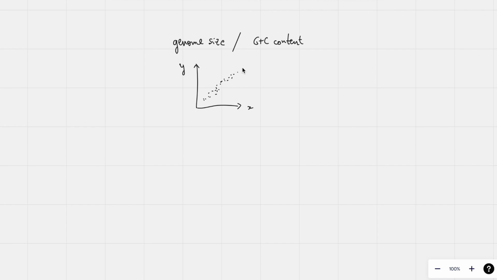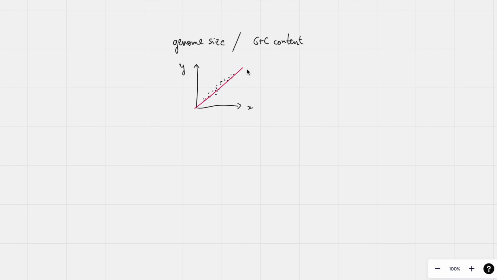And for example, in this particular case, we would say that there is a good linear relationship between the variable X, that could be the genome size, and the variable Y, which could be the GC content. So overall, regression is a standard strategy to know whether there is a correlation between a quantitative variable and another.